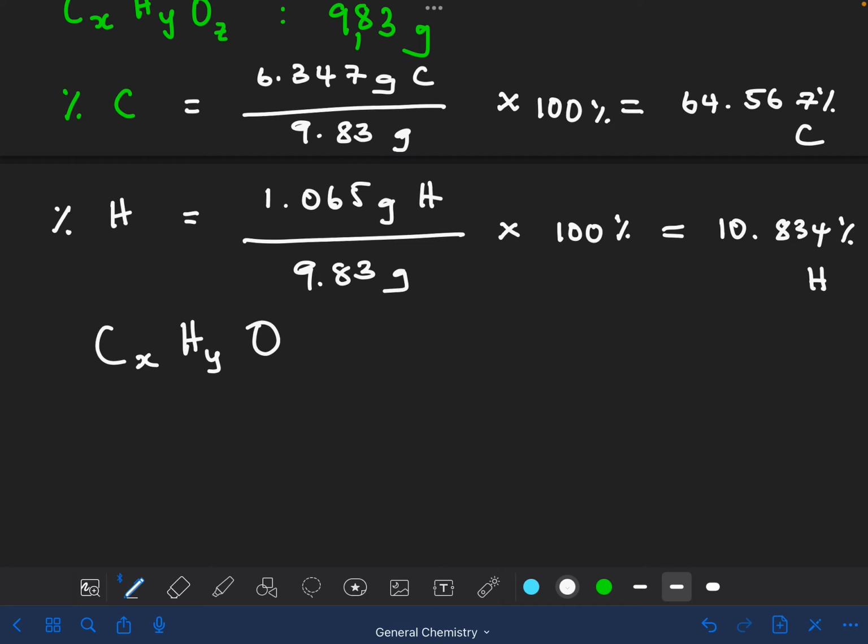So basically, the remaining amount will be for oxygen, right?